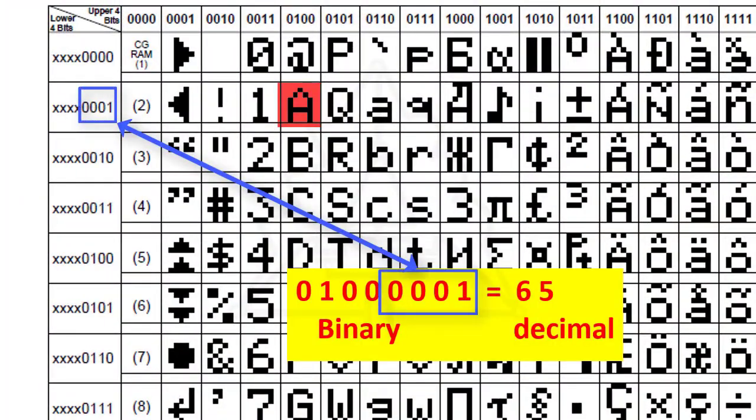In the LCD, the standard character code is defined in the CG-ROM. And the LCD displays the character equivalent of the number 65.